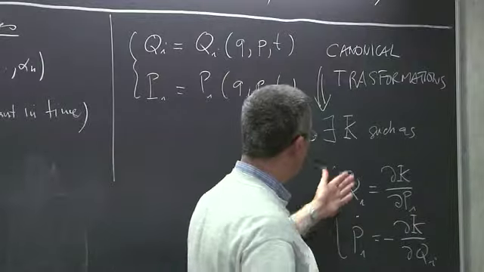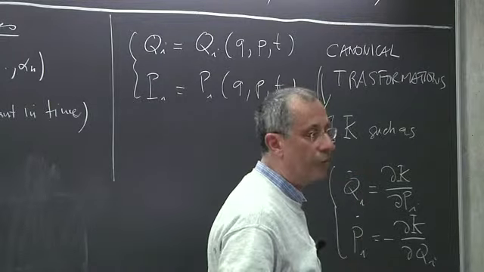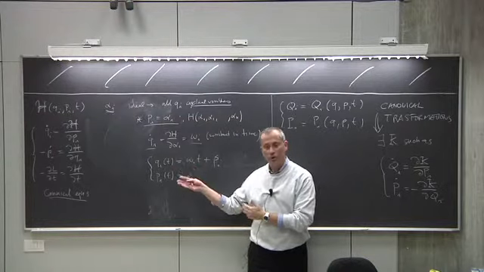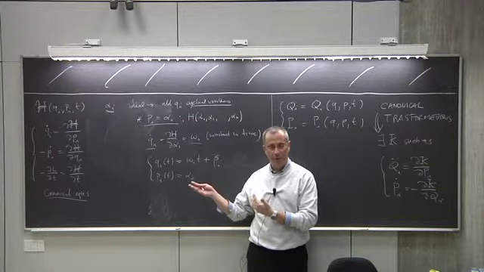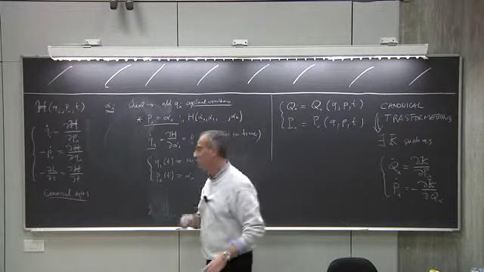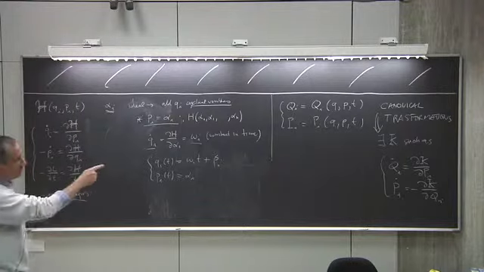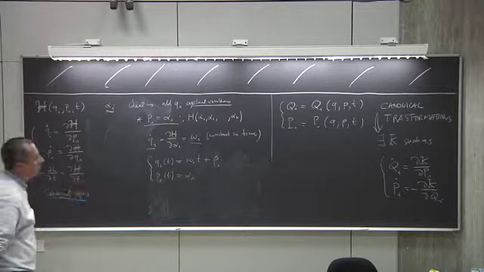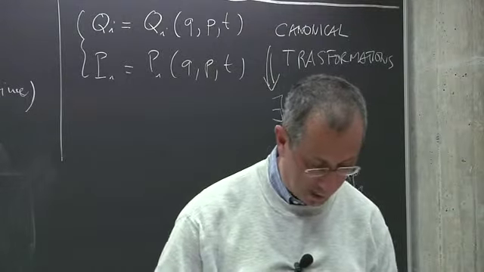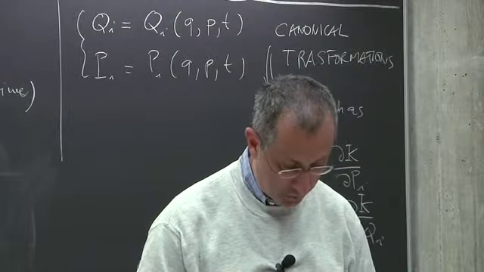This condition is the one that guarantees that in the new variables Hamilton's equations still hold, right? You don't want to do a transformation that ends up not having the same dynamical equations. As you will see, we will discuss some possible transformations.